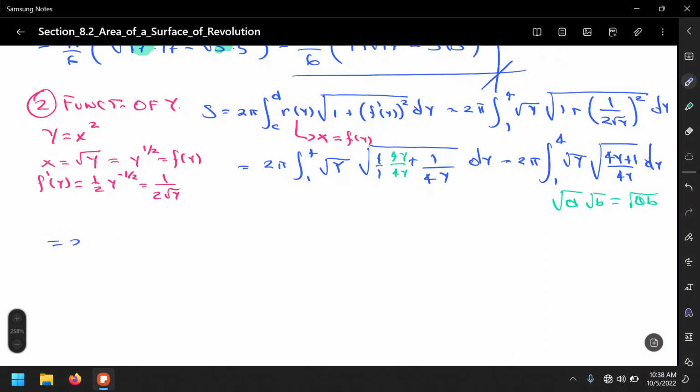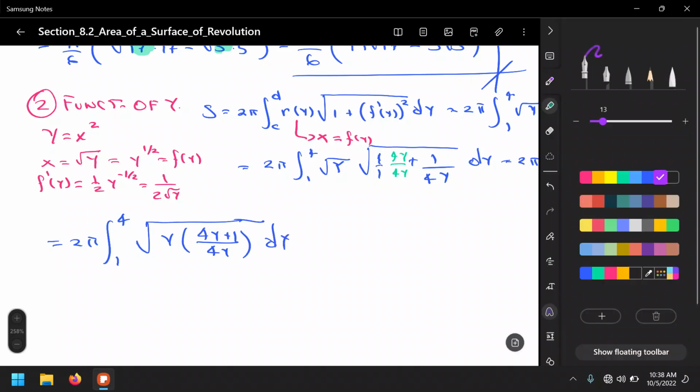So this will be 2 pi integral from 1 to 4 of a big radical, y times 4y plus 1 over 4y, dy.